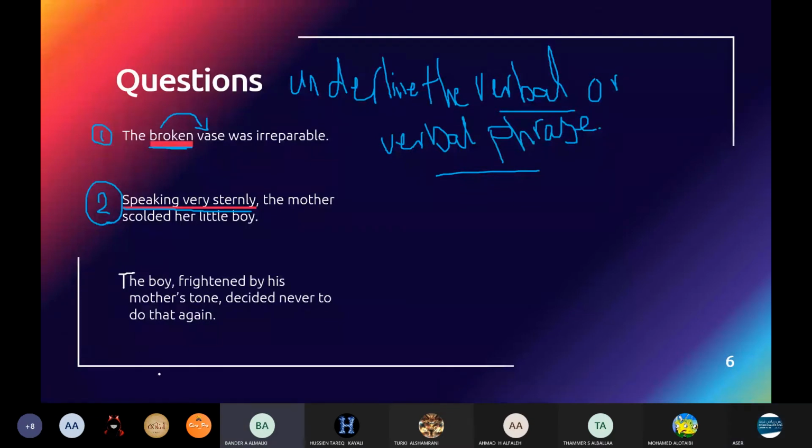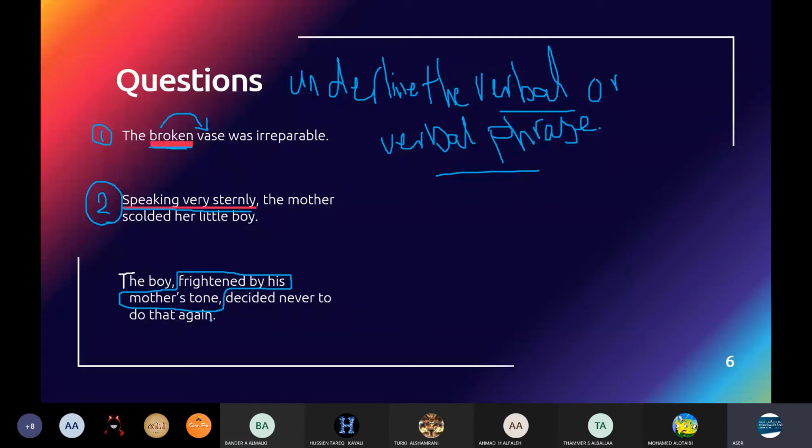The boy, frightened by his mother's tone, decided never to do that again. Okay, this is the verb phrase. So the boy decided never to do that again.